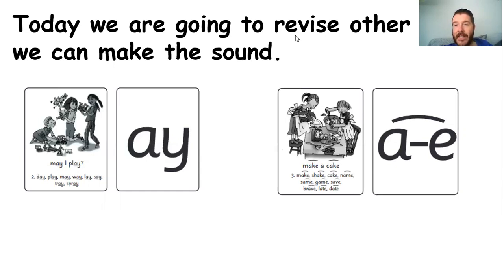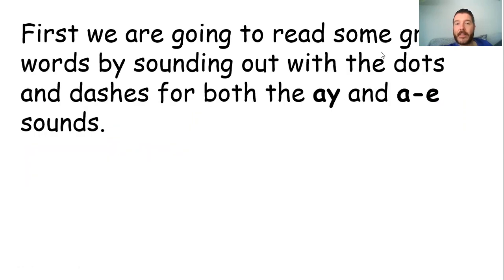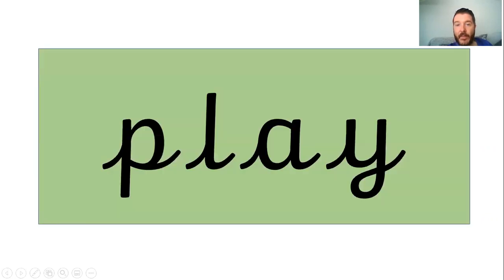Okay, so we're going to have a look at these today. We're going to read some green words by sounding out with the dots and dashes for both the A sounds. So the A-Y and the A split E one. So you ready?